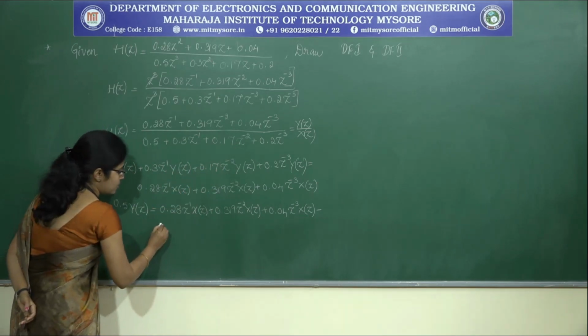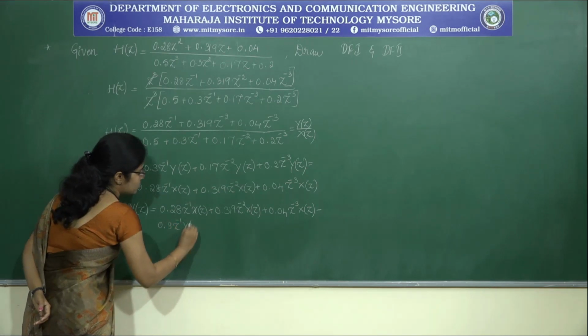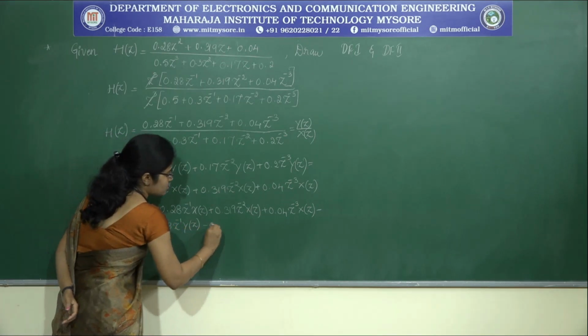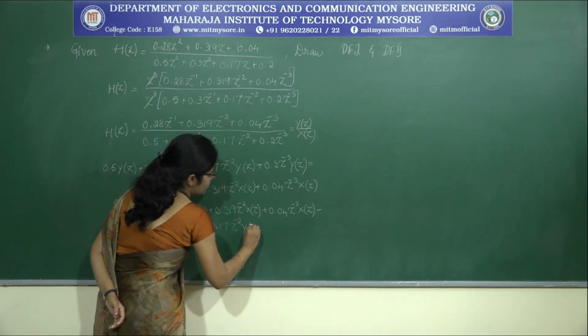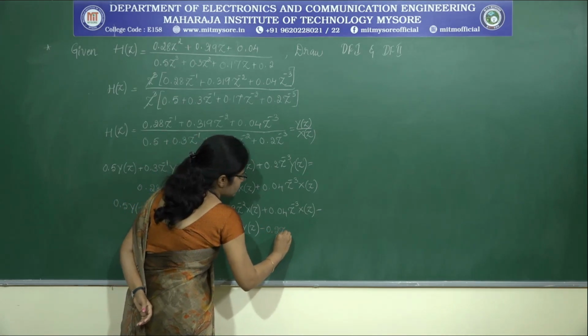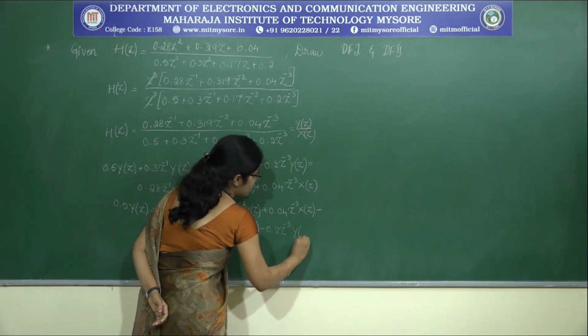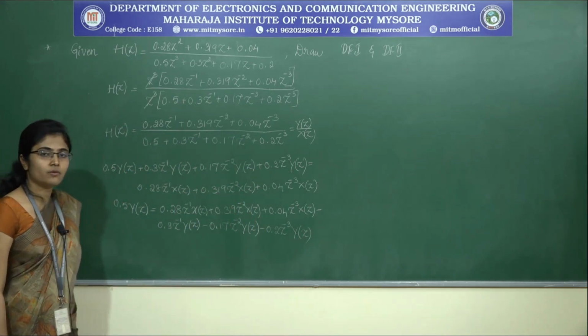That becomes minus 0.3 z power minus 1 into y of z minus 0.17 into z power minus 2 into y of z minus 0.2 into z power minus 3 into y of z. Now we got the expression for y of z.